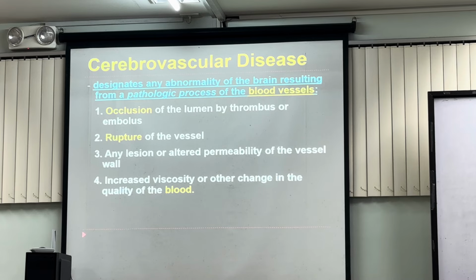What makes it hypercoagulable? You say coagulability, what is involved? Clotting, platelets, primary hemostatic plug, secondary hemostatic plug. So hypercoagulability involves dysfunction of your platelets, clotting factors.